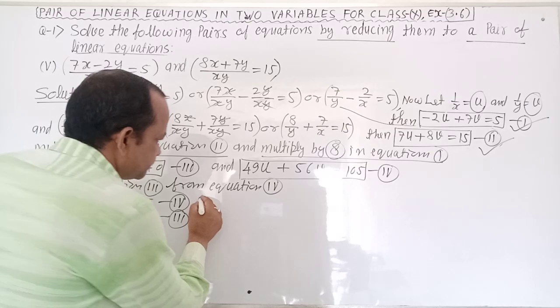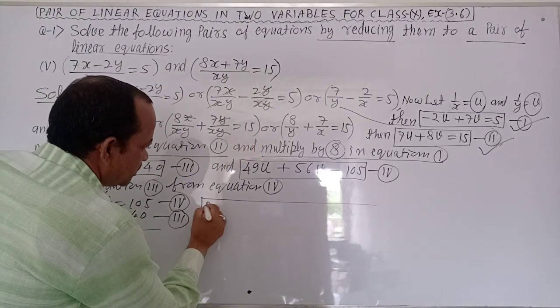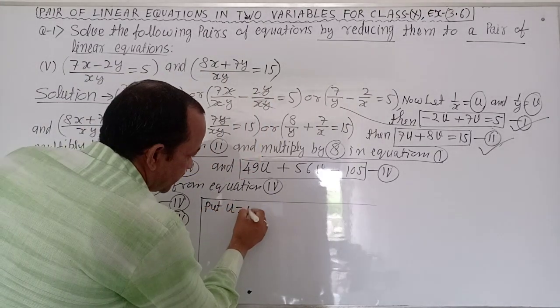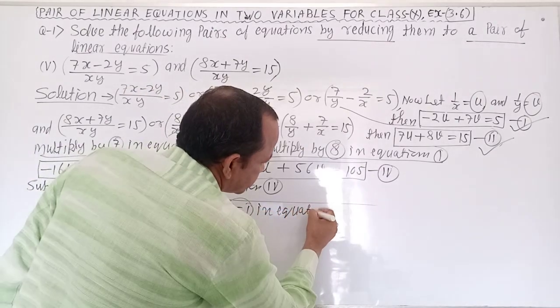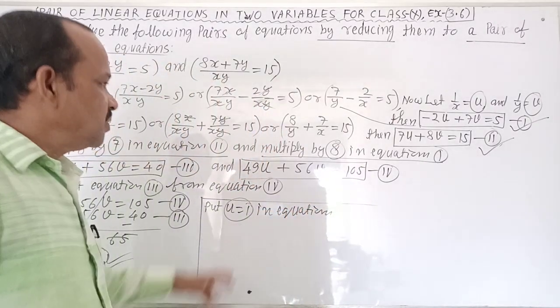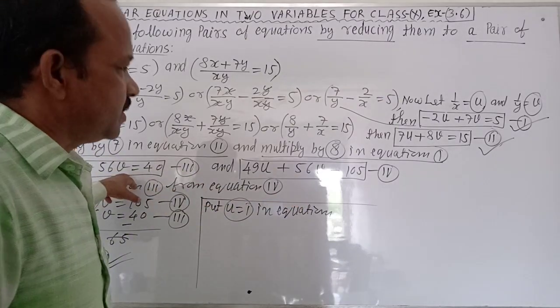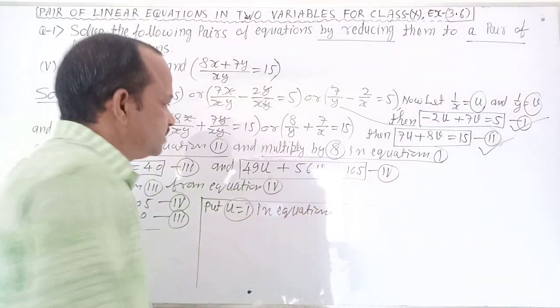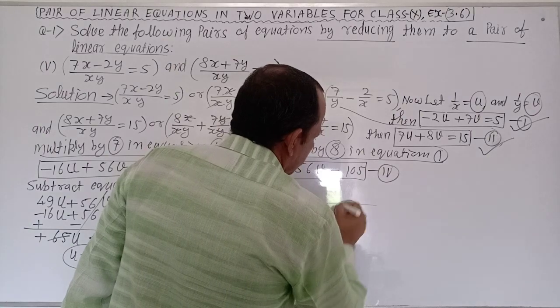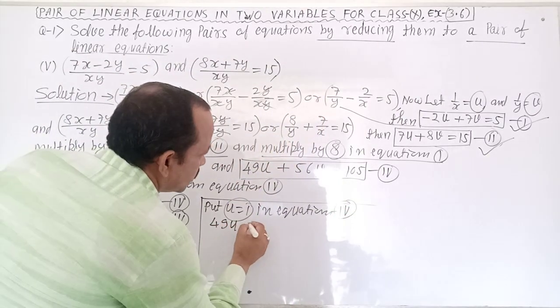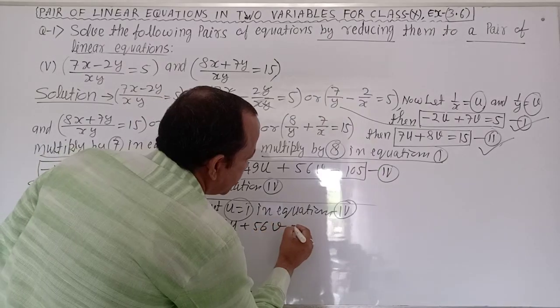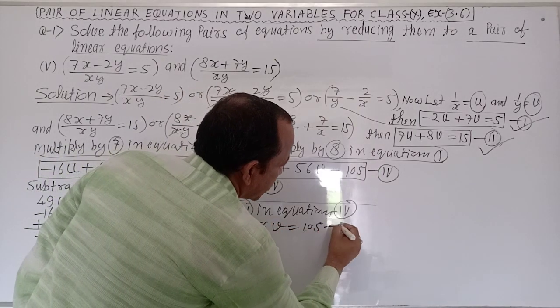Now put u equal to 1 in equation 4. Equation 4 is 49u plus 56v equal to 105.